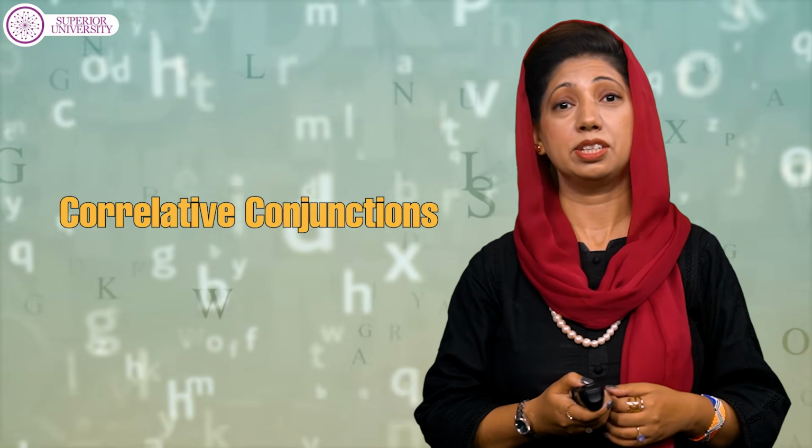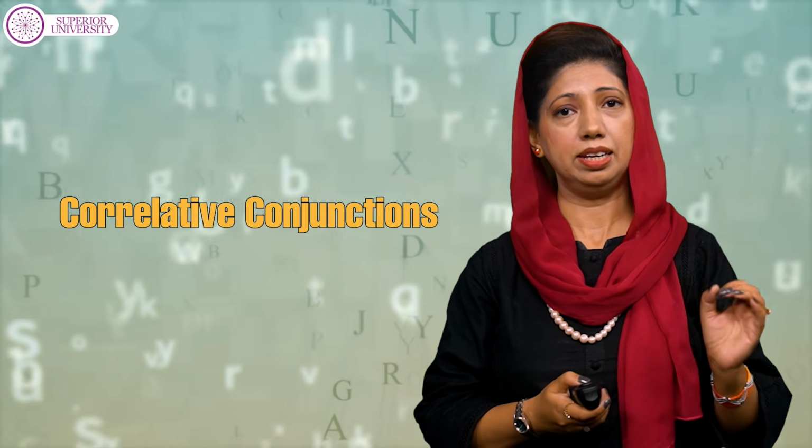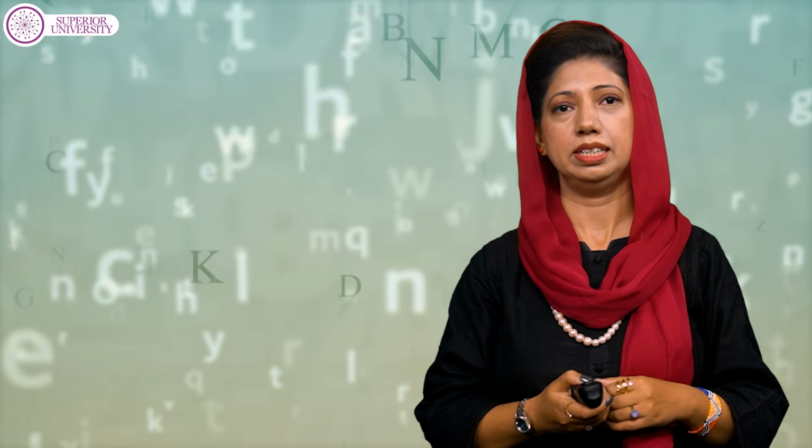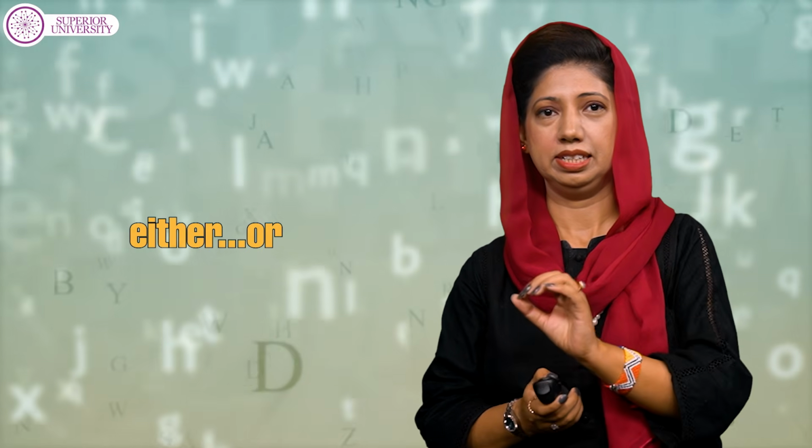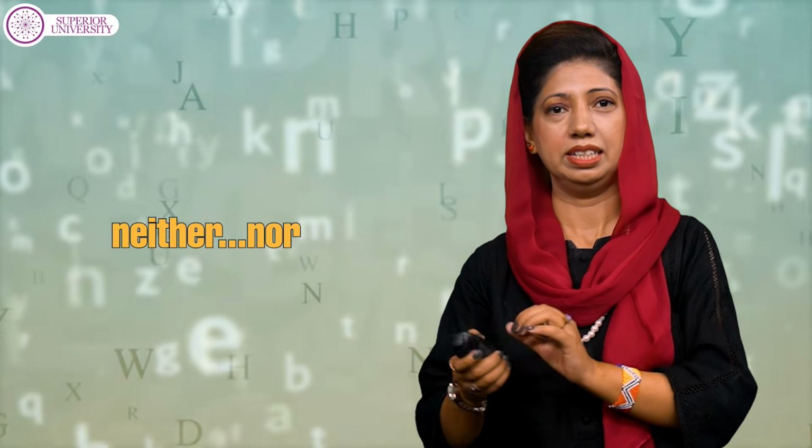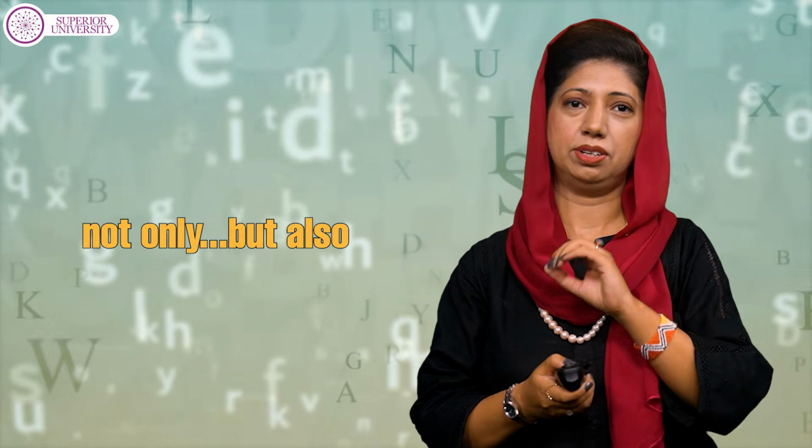The third type is correlative conjunctions. Unlike the other conjunctions, these always work in pairs. Some common examples are either...or, neither...nor, both...and, not only...but also. For example, both Ahmed and Bilal participated in the competition.